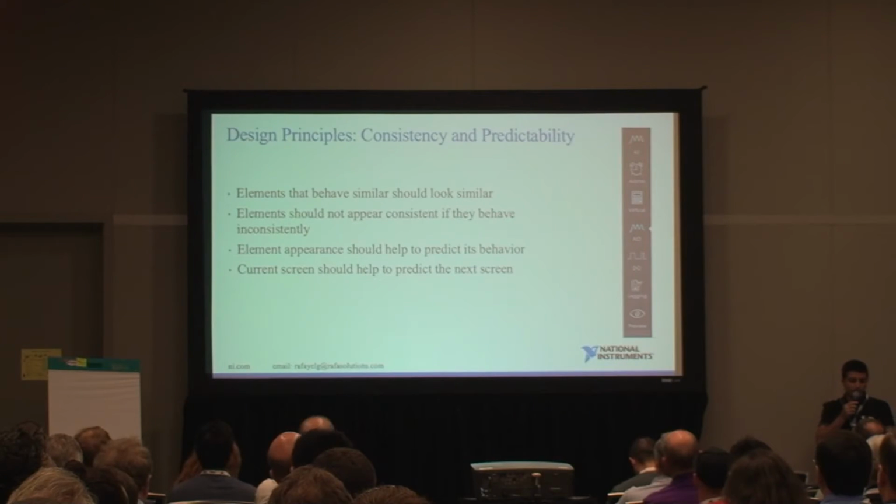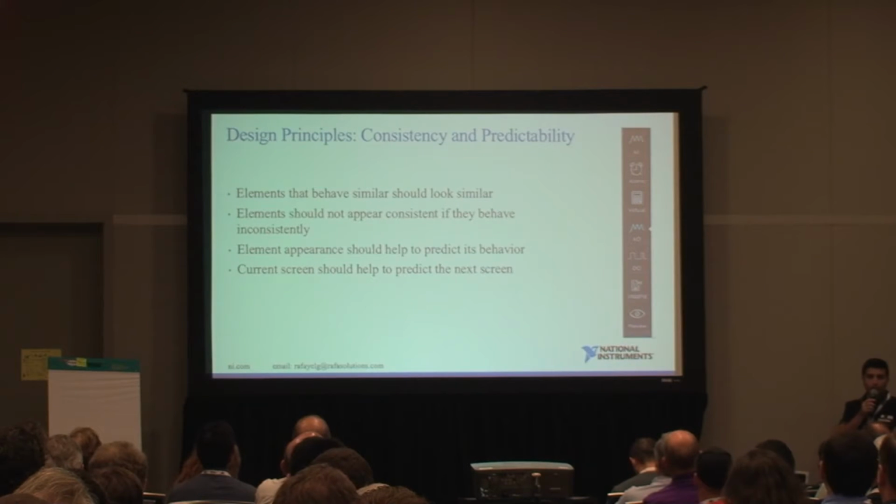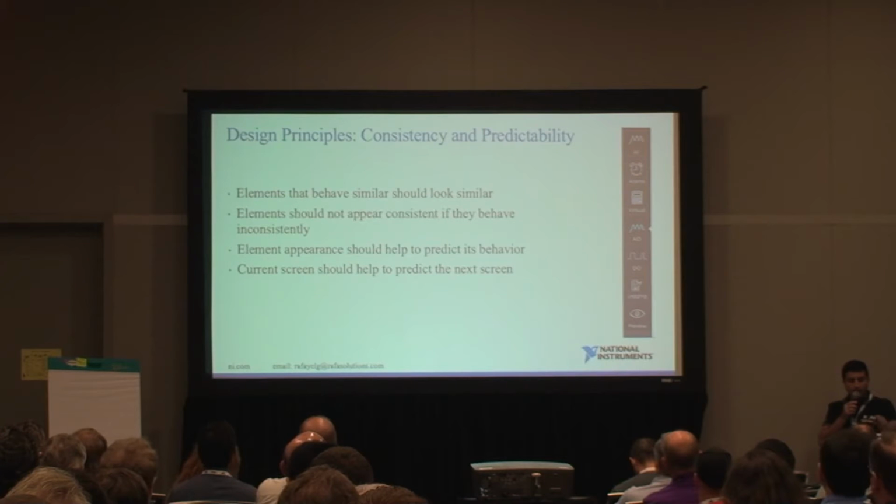For example, here on the right corner, you can see a ribbon. That's taken from one of our applications where we have different sub-panels or tabs switching, and the buttons need to look similar.